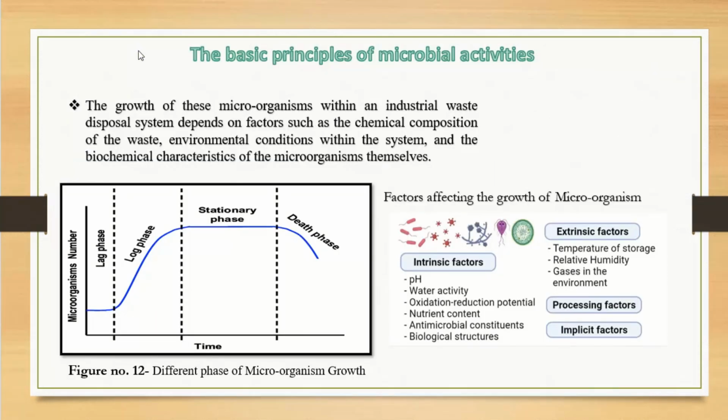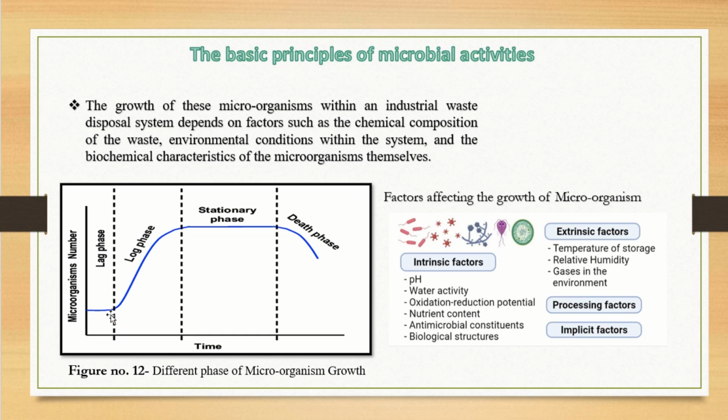And the second principle of microbial activity is that the growth of these microorganisms within an industrial waste disposal system depends upon factors such as the chemical composition of the waste, environmental conditions within the system, and the biological characteristics of the microorganisms themselves. There is a curve given of the different phases of microorganism growth.